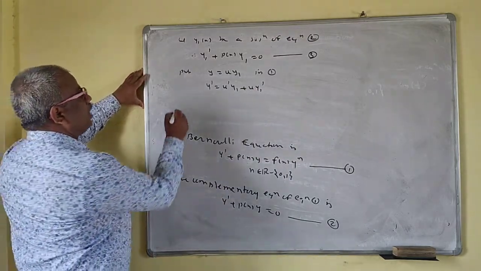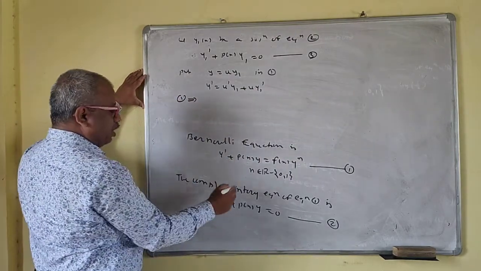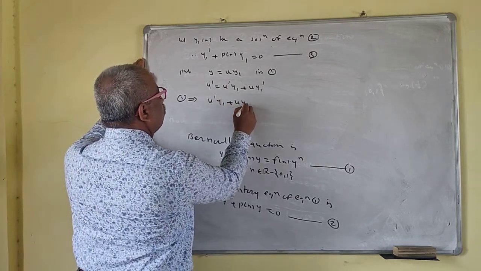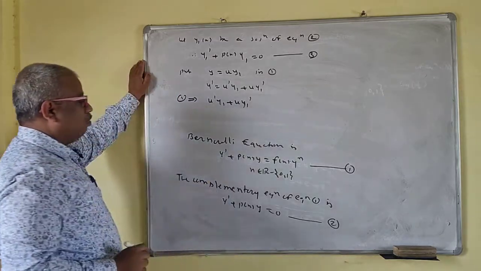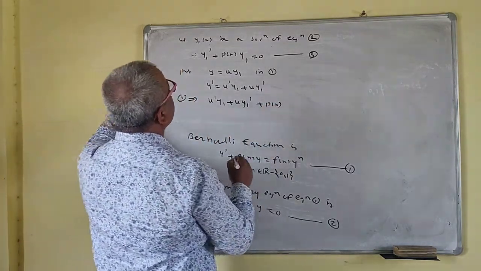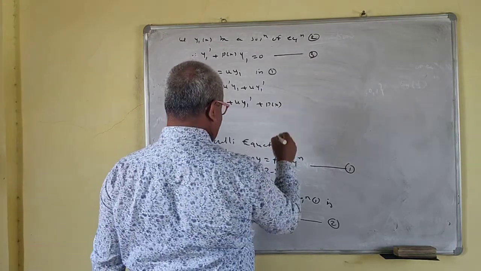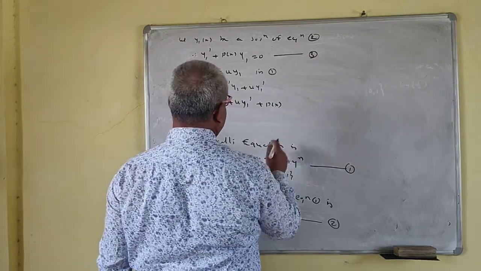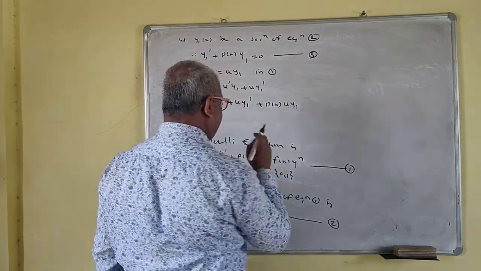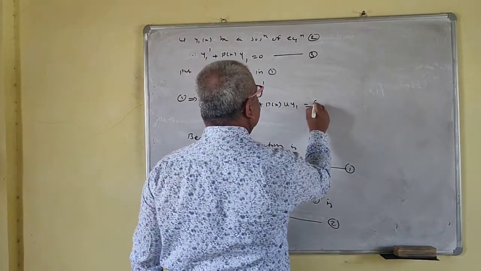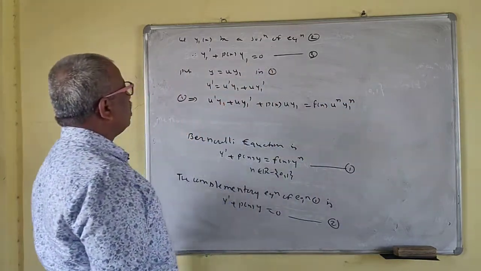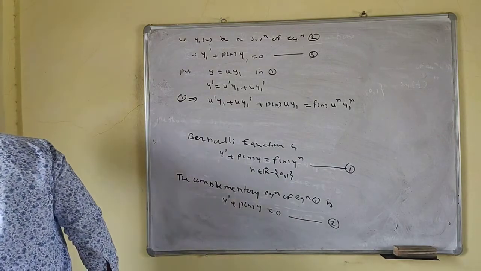So equation 1 implies, we put this in 1: y prime, that is u prime y1 plus u y1 prime, plus p of x times y, and y is u y1, equals f of x u to the power n y1 to the power n.